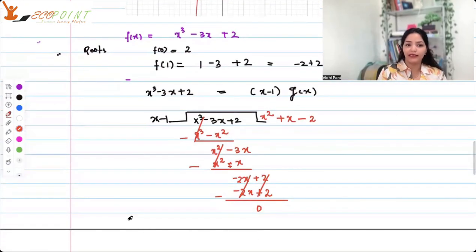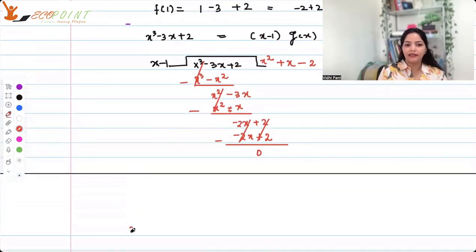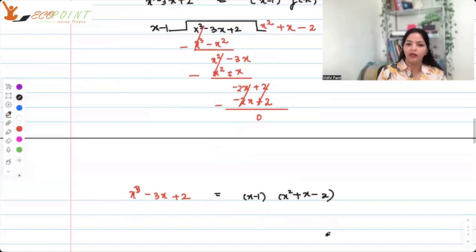So which means I can say that x cube minus 3x plus 2 could be factorized as x minus 1 into x square plus x minus 2. Now, x minus 1 multiplied by, can we factorize this?